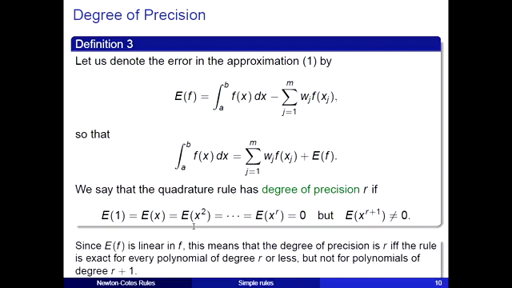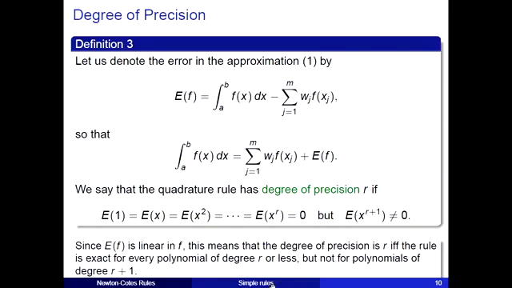So that is the statement here. Because E(f) is linear, it means that if you have a polynomial of degree r or less, then the integral is exact, so the error is equal to 0.